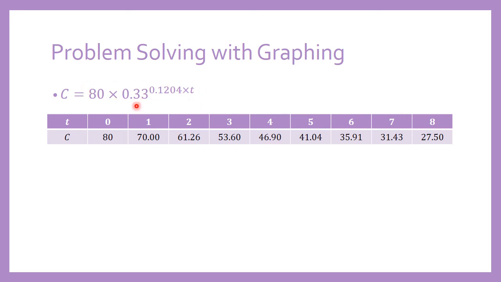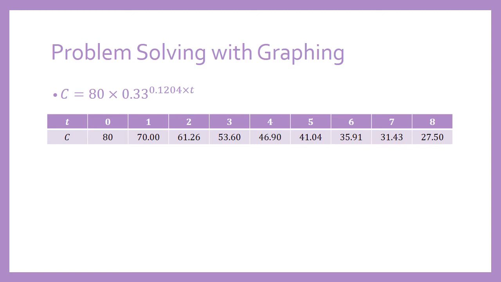So a scientific calculator will help. Make sure you're using your brackets correctly. And if you're a whiz at Excel, you can just use Excel to do this for you. But in any case, this is what your table of values should look like.